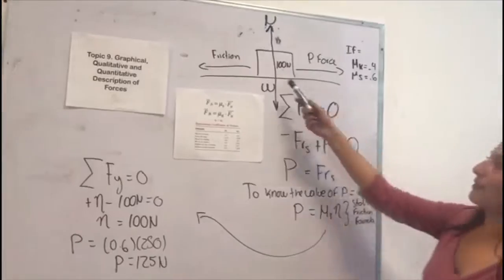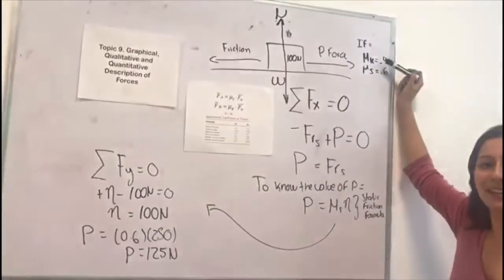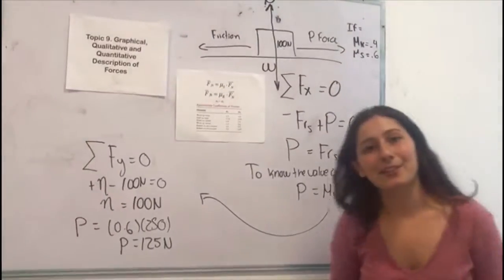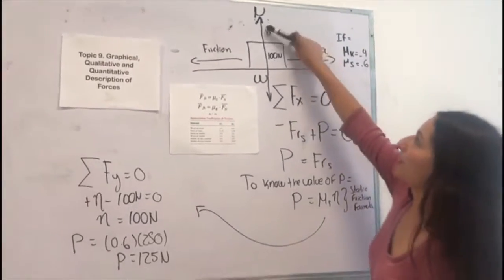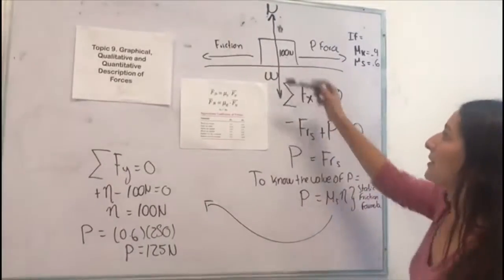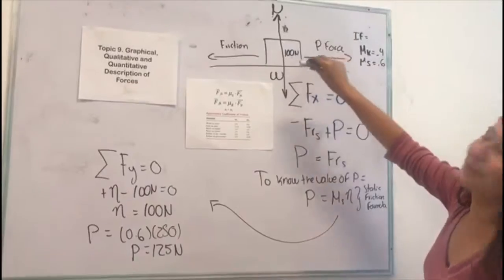Here we have a problem using the free body diagram. We can use the static friction coefficient as 0.6 and the kinetic friction coefficient as 0.4. And then we can say that we have the normal going upwards and the weight going downwards. The friction is always opposing the movement of the P force.